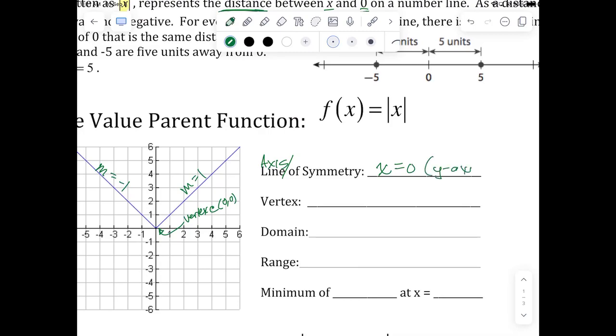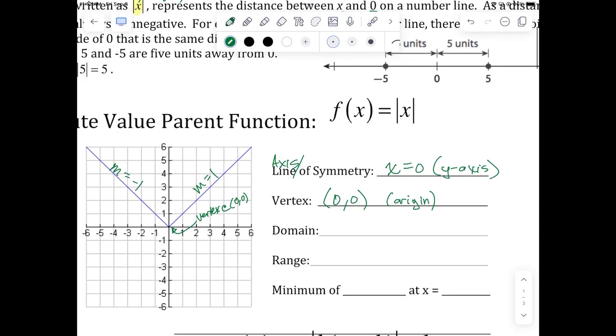The y-axis, a vertical line, is also the axis of symmetry. That's where it starts. Very important point. This is the origin.